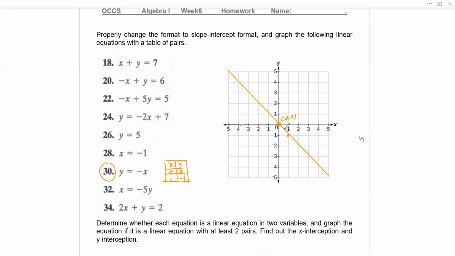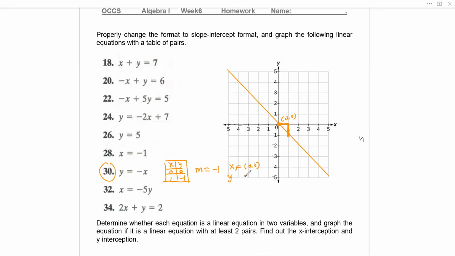And for the slope, since we defined slope, you can pick at least 2 data points. They move right 1 unit and Y moves down 1 unit, so -1 over 1. The slope is -1. The X-intercept is 0, 0.